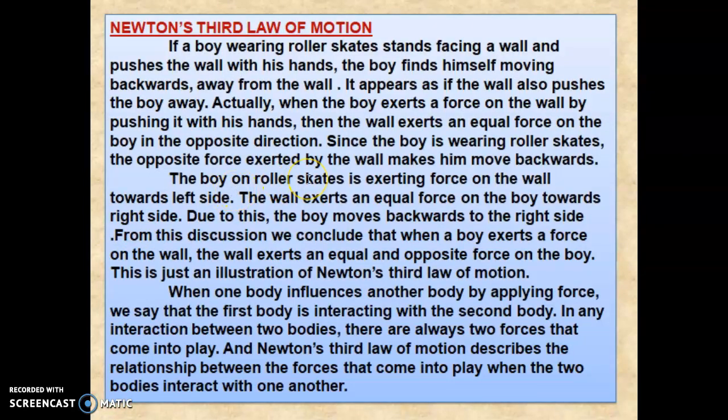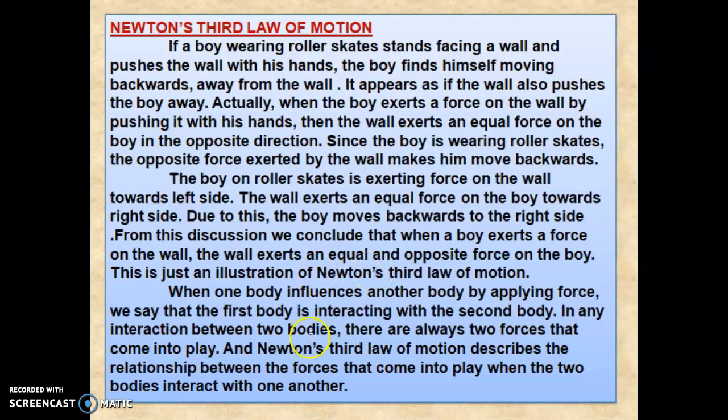The boy on the roller skates is exerting a force on the wall towards the left-hand side, so the wall exerts an equal force on the boy towards the right side. Due to this, the boy moves backward to the right side. From this discussion, we conclude that when a boy exerts a force on the wall, the wall also exerts an equal and opposite force on the boy. So this is just an illustration of Newton's third law of motion.